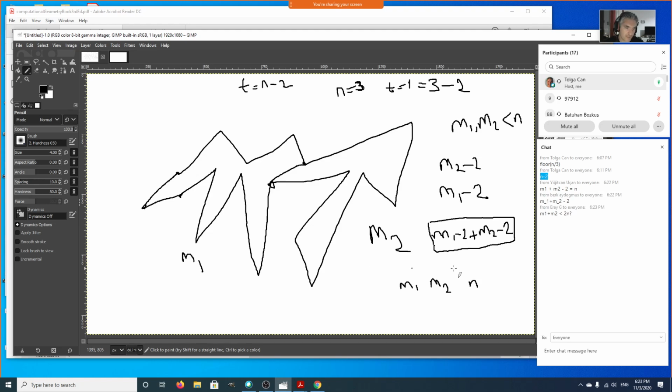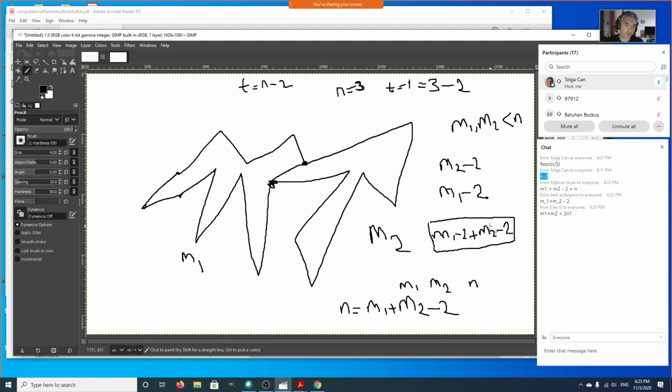Exactly, yeah. M1 plus M2 minus 2 is equal to N, because these 2 vertices at the diagonal are counted both in M1 and in M2, right? So if you add them up and subtract 2, you will get N. In other words, N is equal to M1 plus M2 minus 2.